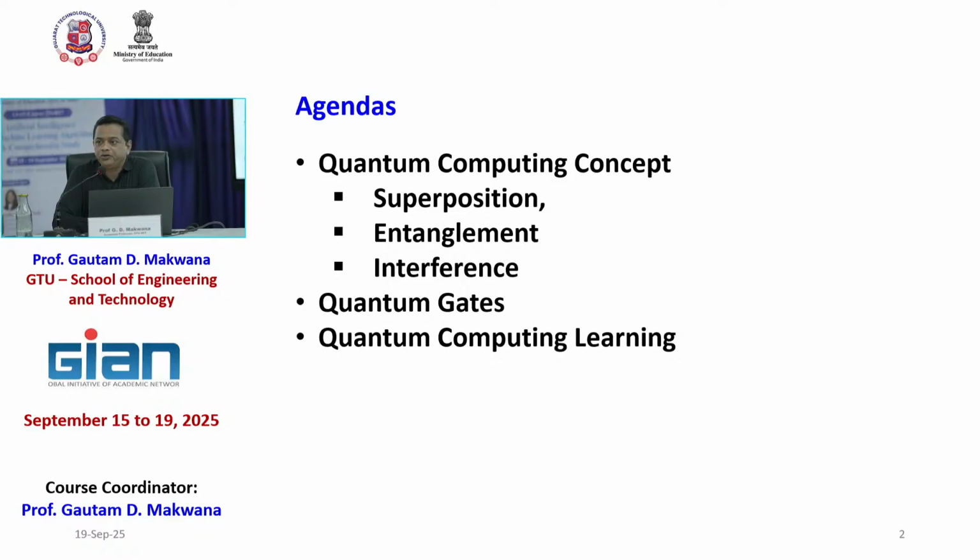CMOS technology is used to make the transistors. We have millions of transistors in a single IC. Okay, and that gives the power of the computer systems.